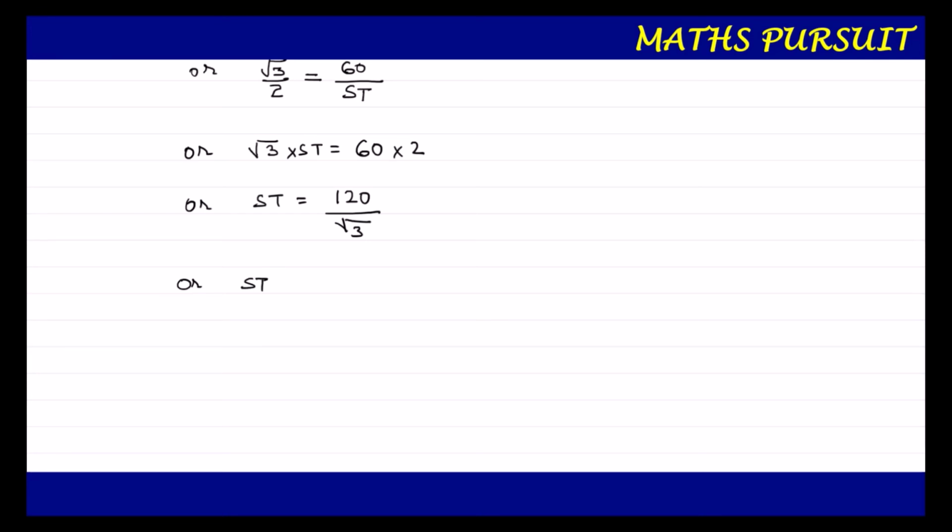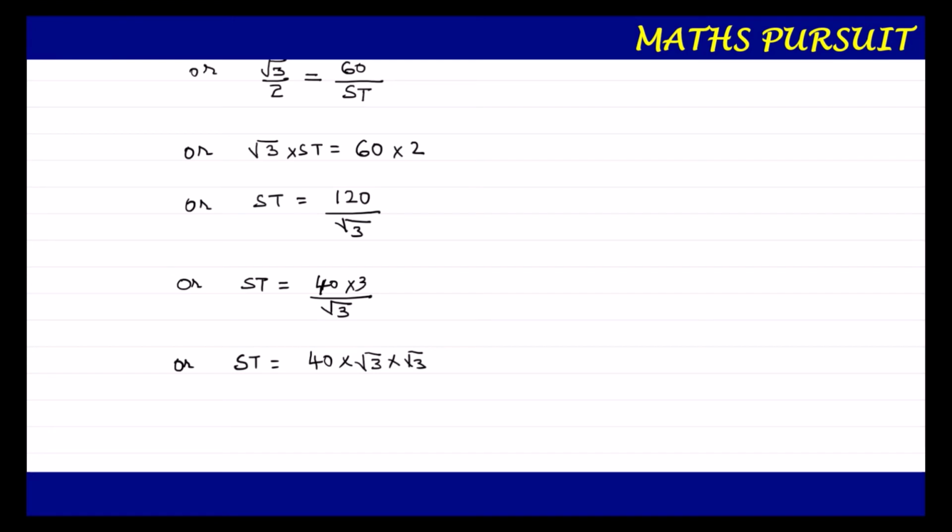So I can write ST is equal to 120. The multiple of 120 with 3, if I find out, then I can write 40 into 3. 4 3s are 12. So 40 into 3 upon root 3. Why I am doing so? You can easily understand towards the end. ST is equal to 40 into 3. What is 3? 3 is nothing but root 3 into root 3, upon root 3.